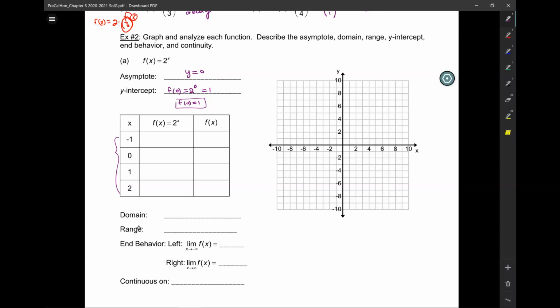These things increase so rapidly that you don't want to have numbers that get out of hand too quickly. So these are the ones that I like to pick most of the time. All right, so here we're going to get 2 to the -1, 1/2, 2 to the 0, 2 to the 1, 2 to the 2.